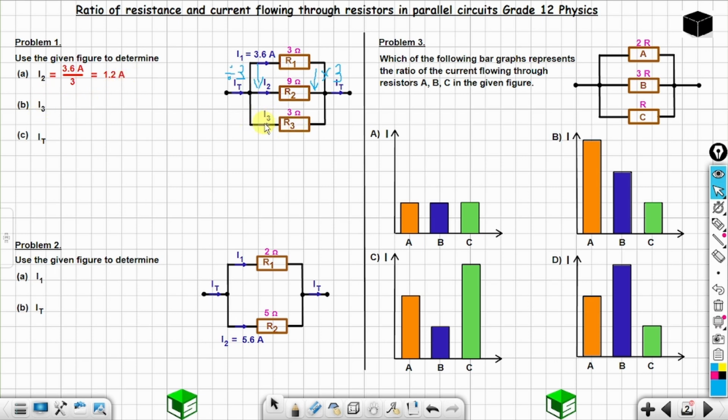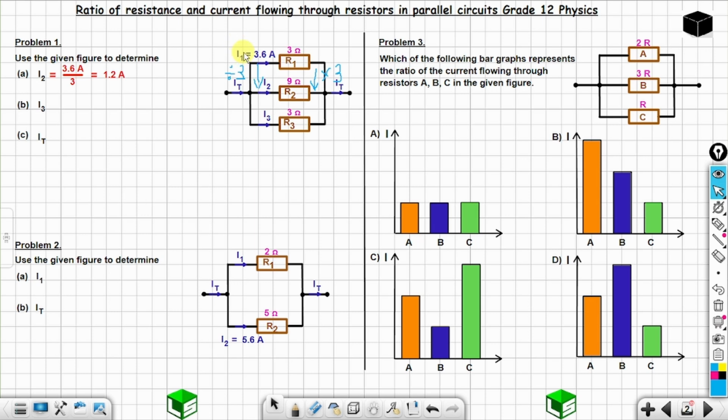Now I3. You have to notice first the ratio of resistance between R1 and R3 is 1:1. Okay, 3 ohms and 3 ohms. When you divide 3 by 3, 1, and 3 by 3, 1. So the ratio of resistance between R1 and R3 is 1:1.